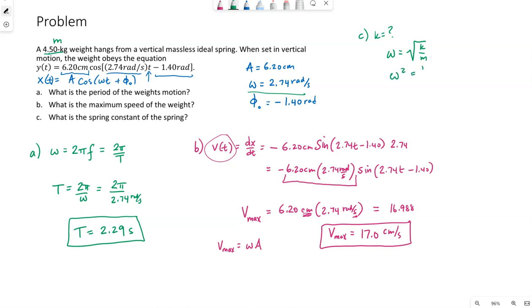If I square both sides, omega is the square root of K over M, so K is going to be omega squared times M, so 2.74 squared times 4.5. So to 3 sig figs, this is 33.8.